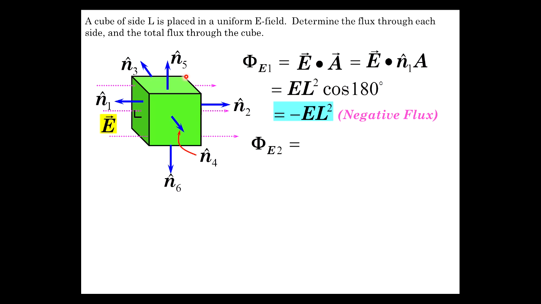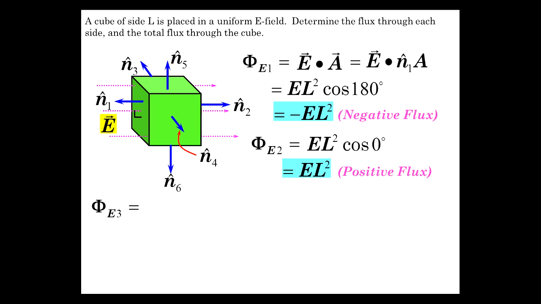Through surface 2, over on this side, EL squared cosine of 0 is EL squared. So that's positive flux. Now, flux through surface 3, it's going out the back side there, plus 4, it's coming out the front side. Flux through surface 5, the top, and then the bottom, 6, is all the same thing.